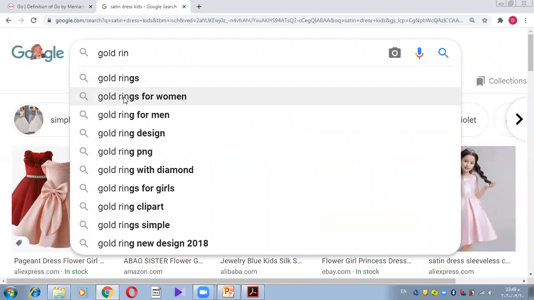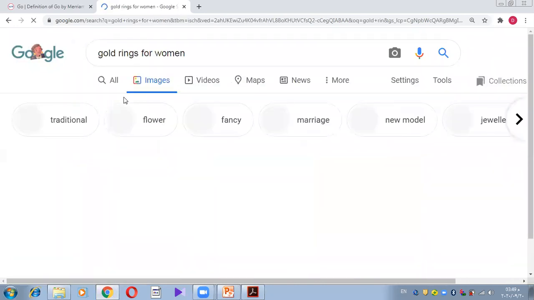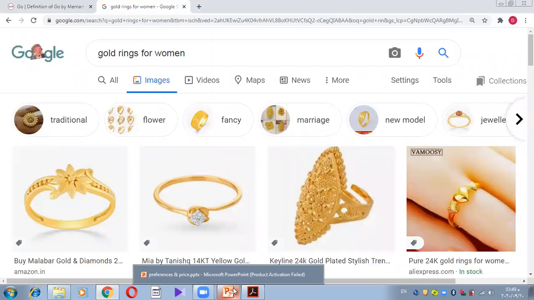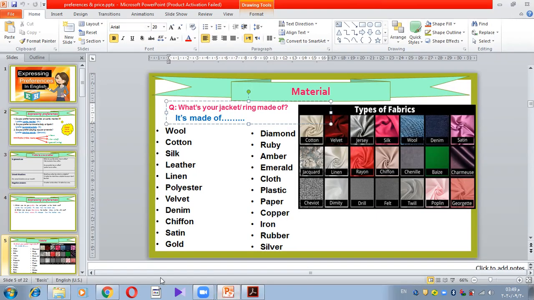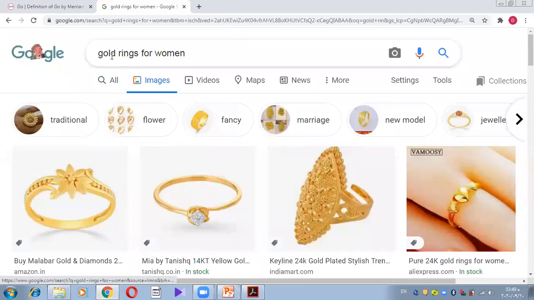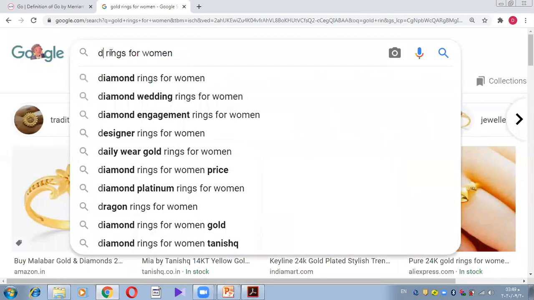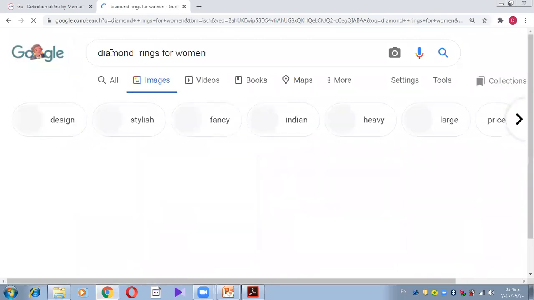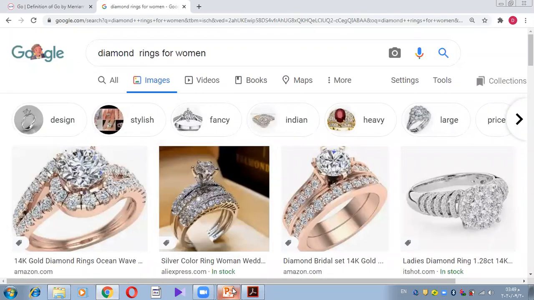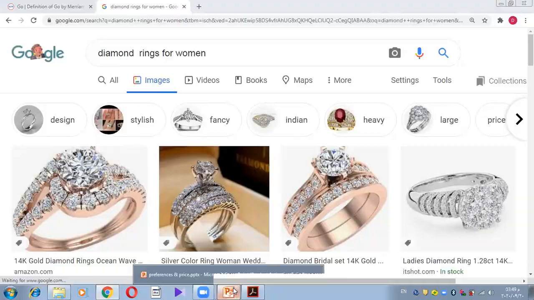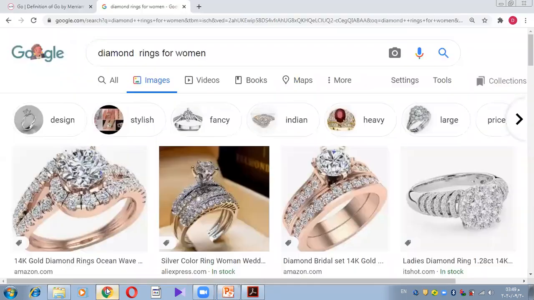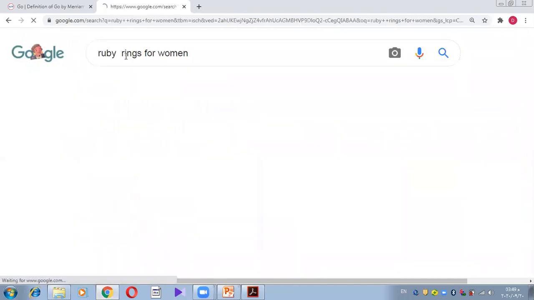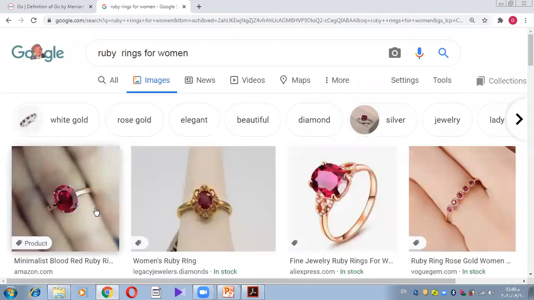Rings, okay, let's just say. Gold, okay, that's a gold. Diamond, that's a diamond. Okay, it's a diamond. Rupee, that's the rupee, guys. You see, like the red one.